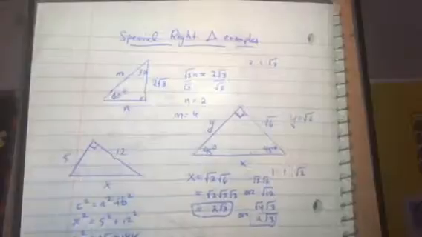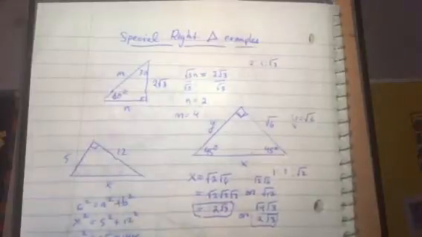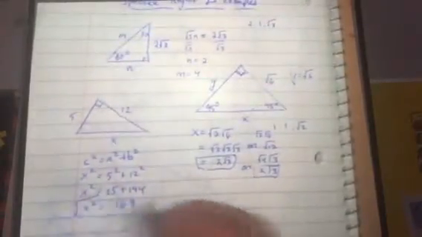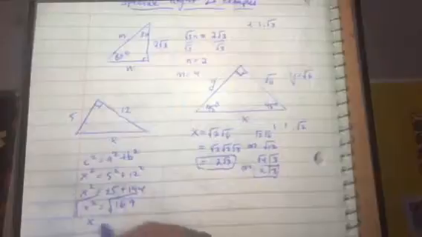x squared equals 25 plus 144, and this x squared is going to equal 169. We take the square root of both sides. x is equal to 13. And that's your answer for that one.